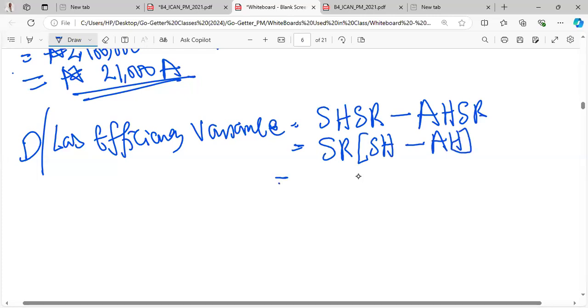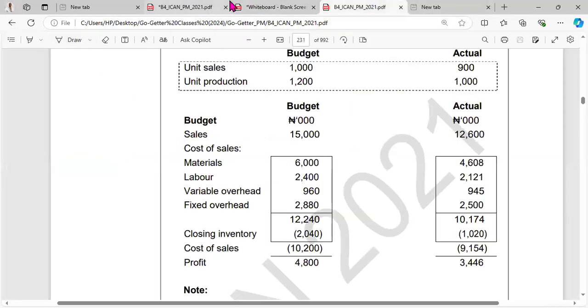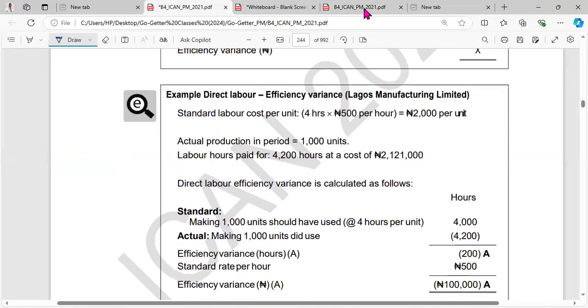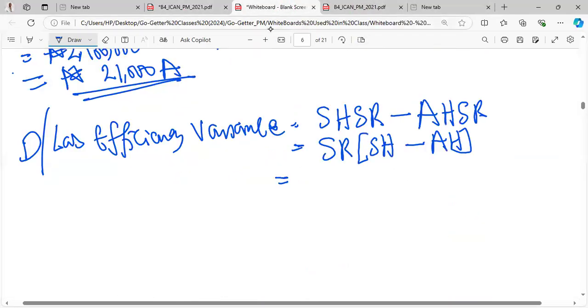So what is the standard rate that we are paying our laborers? Our standard rate we are paying them here is 500 naira. Okay, so we are paying them 500 naira standard.